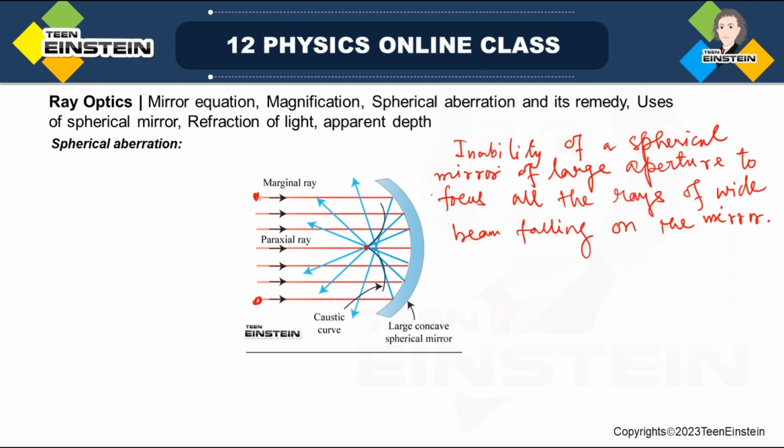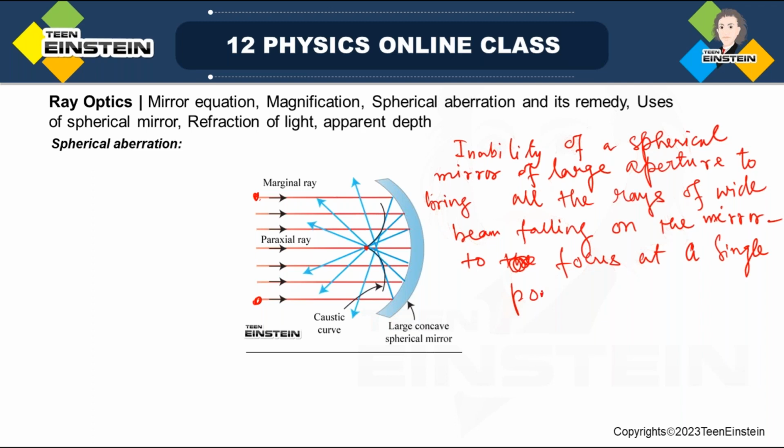So spherical aberration is the inability of a spherical mirror of large aperture to bring all the light rays of a wide beam falling on the mirror to focus at a single point.